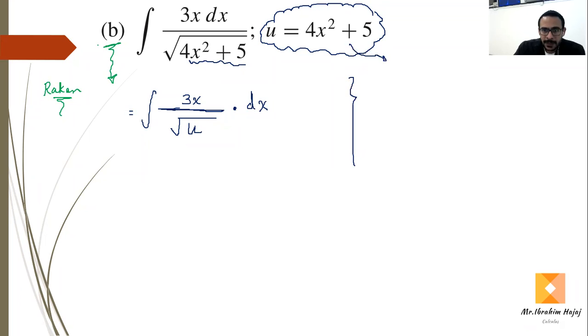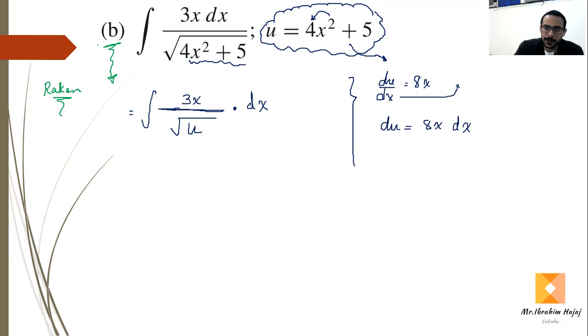To replace the x and dx by u or du, we have to differentiate here. When you differentiate, u becomes du over dx, and 4x squared becomes what? 8x. Drop down the 2, times 4 is 8x, plus 0. The du now is 8x dx.